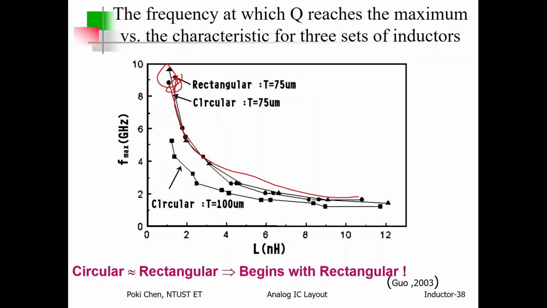So it means if you have some kind of optimum layout pattern for a rectangular inductor, then a similar condition will hold for a circular inductor. It means the optimum solution for this will more likely be the same optimum for a circular inductor, or very close to the optimum.